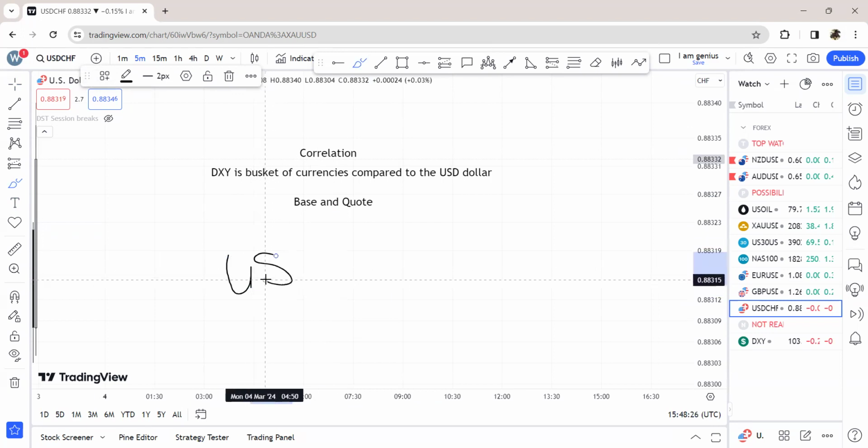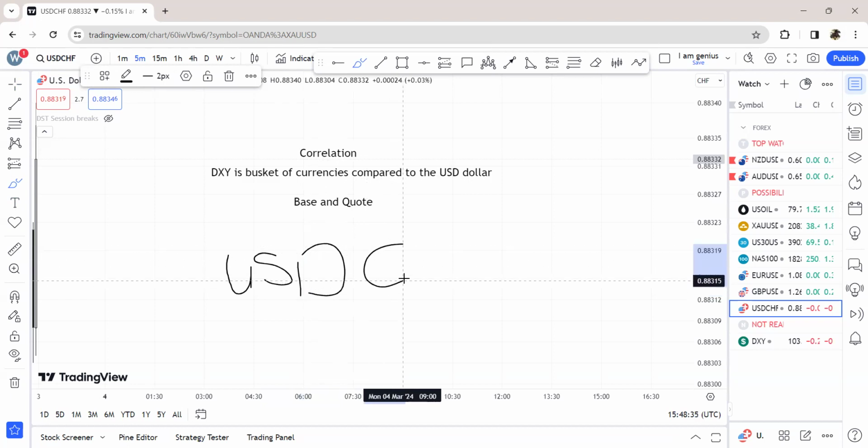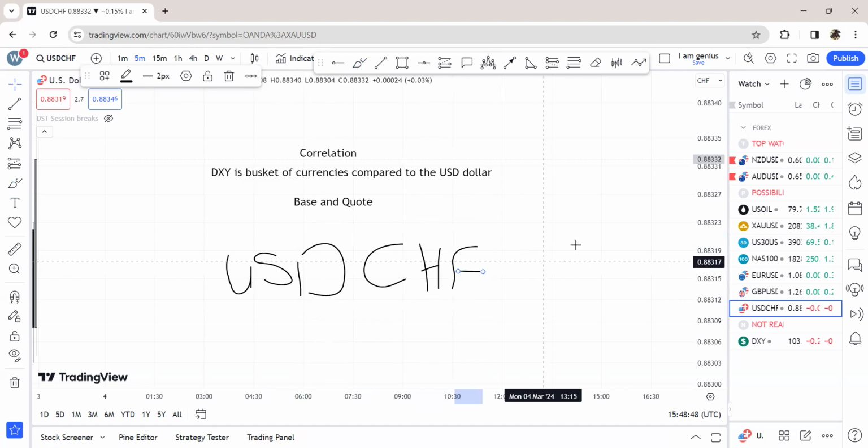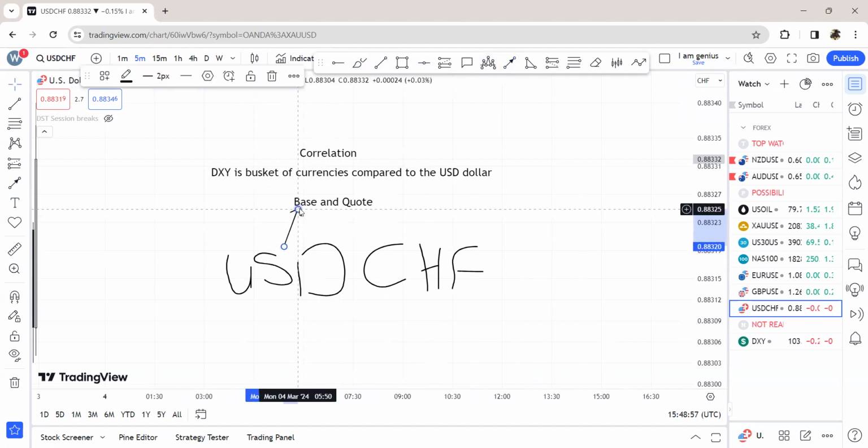So if you have USD CHF as your pair, it means that the first currency in a given pair is your base.